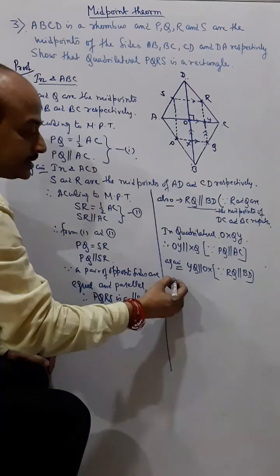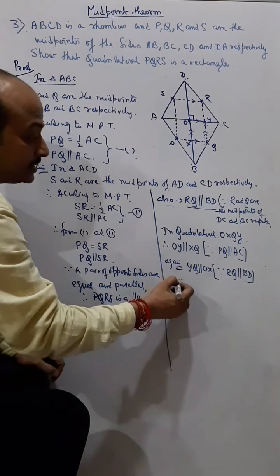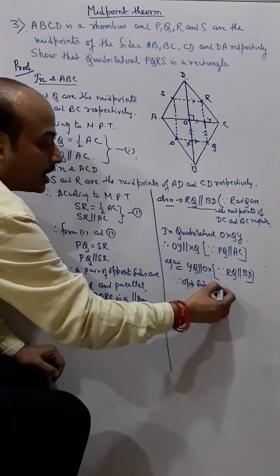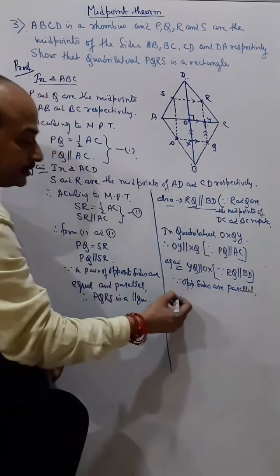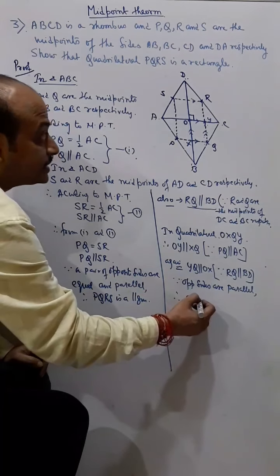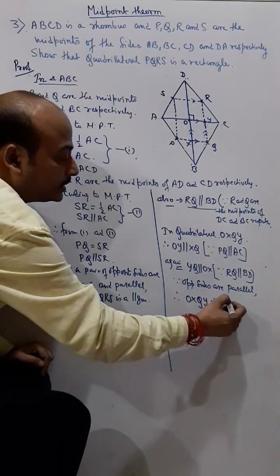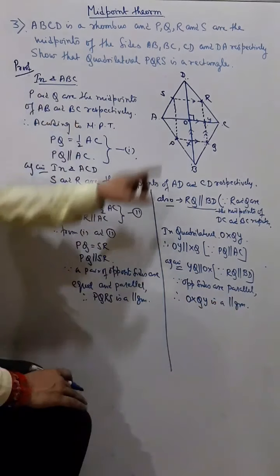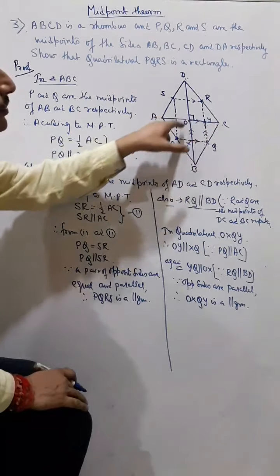So therefore we can say that since opposite sides are parallel, OXQY is a parallelogram.